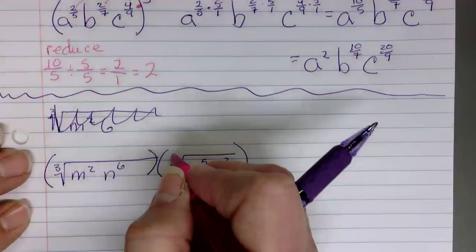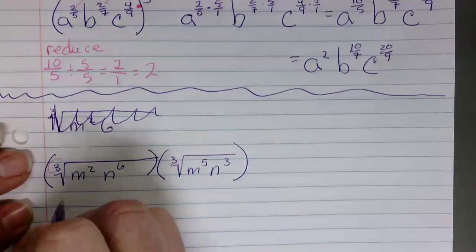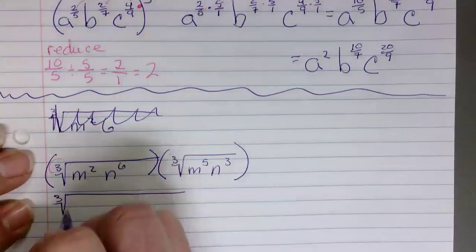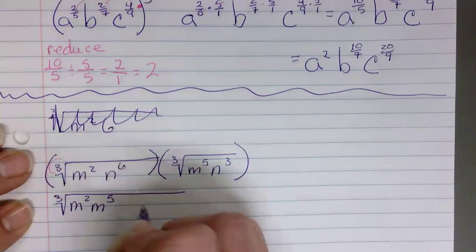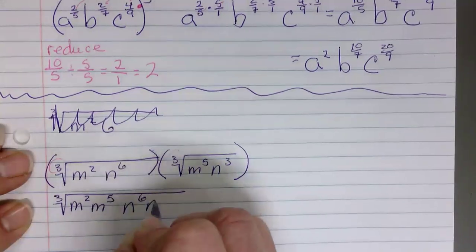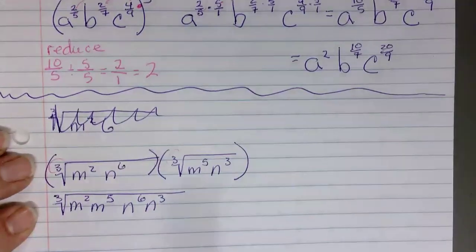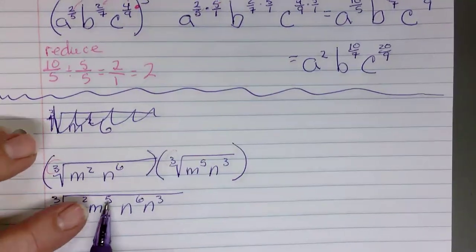Because they are both to the same root, we can combine them, or they have the same index, right? So we can do cube root of m squared m to the 5th n to the 6th n to the 3rd. And we are multiplying all of those. And our rule for multiplying with the same base is that we add the exponents.